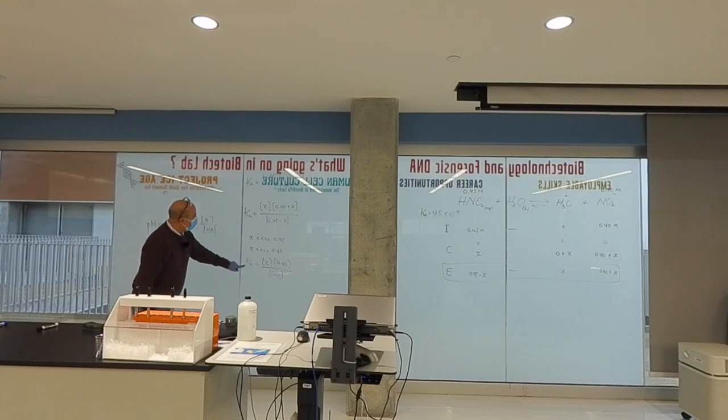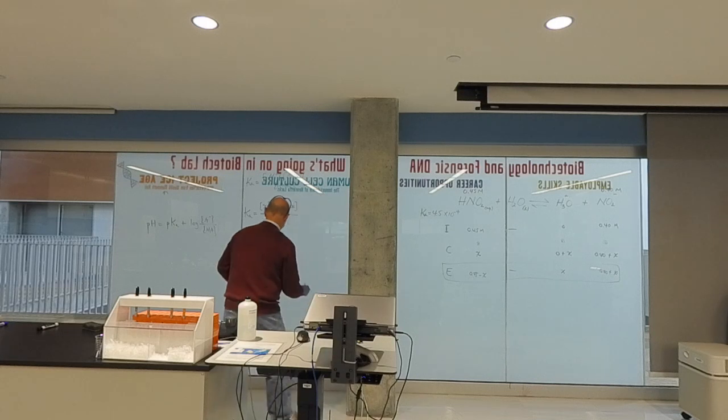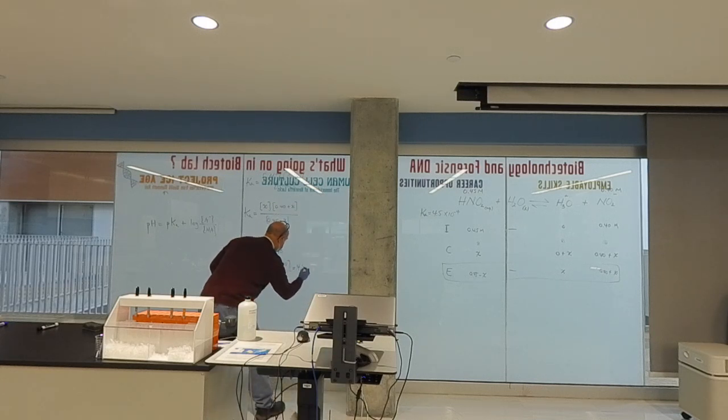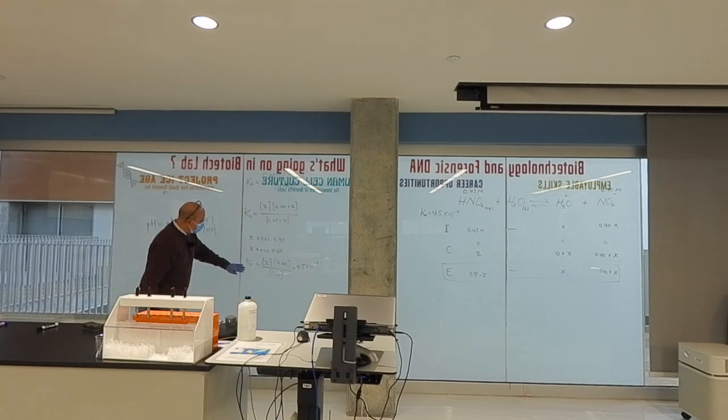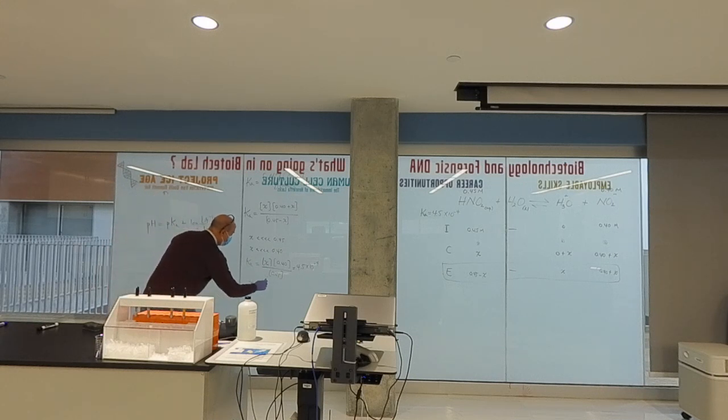So now I know the value of Ka is 4.5 times 10 to the negative 4. And if I just simply solve for X, now I'm going to have the concentration of H plus, of hydronium. So that is 4.5 times 10 to the negative 4 times 0.45 divided by 0.40.